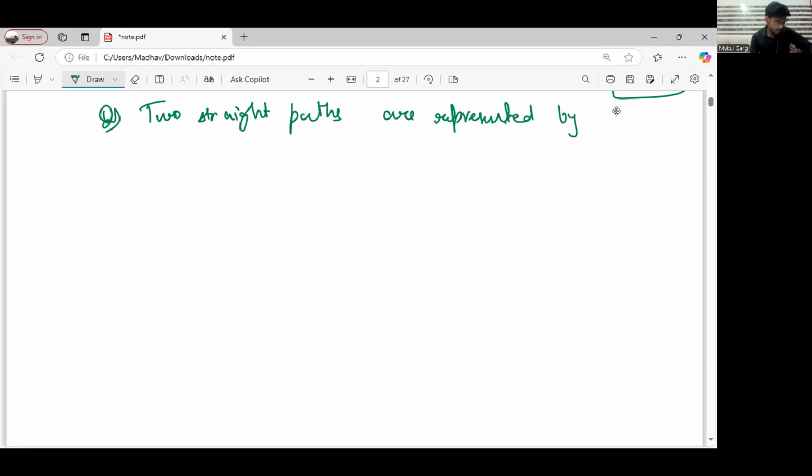The question says that two straight paths are represented by the equations x minus 3y equals 2 and minus 2x plus 6y equals 5.